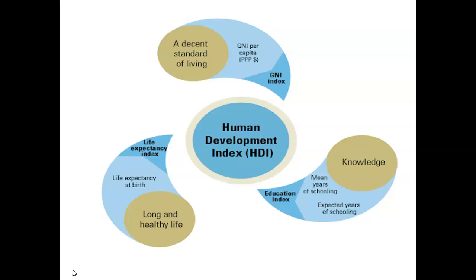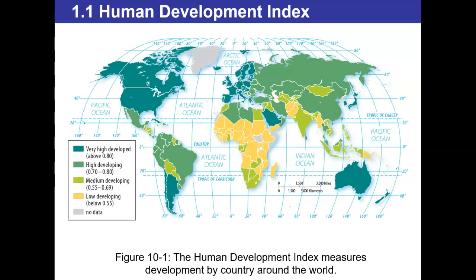Let's break those down one more time in the simplest way possible. A country's level of development will be dictated by how strong their education system is, how strong their healthcare system is, and whether or not they can have a decent standard of living based on the income that they're able to make.